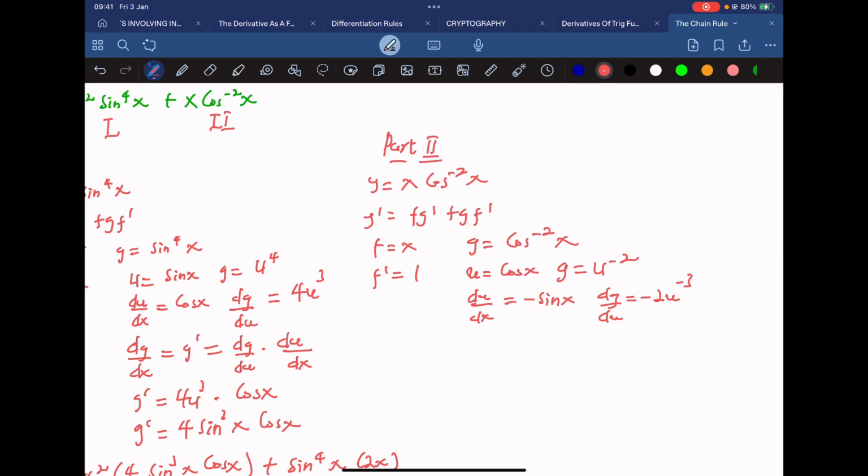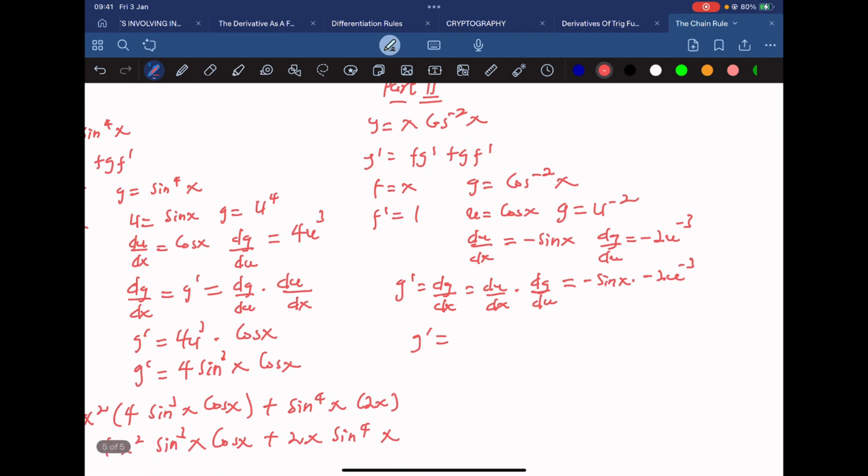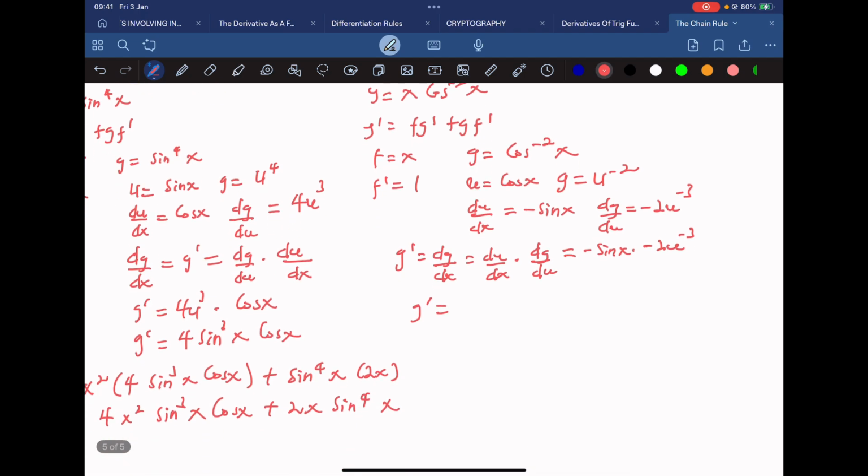So our g prime, which is the same as dg/dx, is equal to du/dx multiplying dg/du. And this is basically negative sine of x multiplying negative 2u to the negative 3. So g prime will be negative, and negative over here will give you positive.